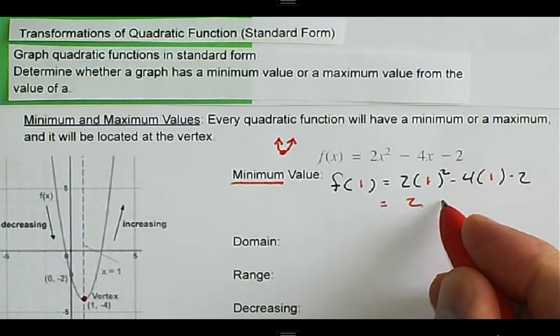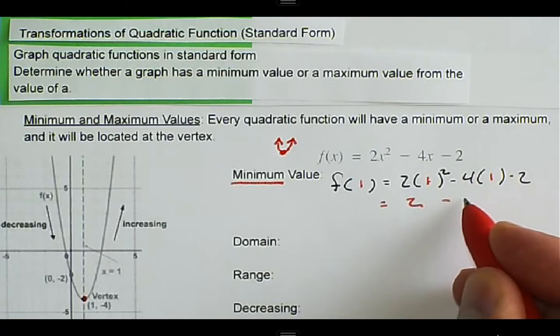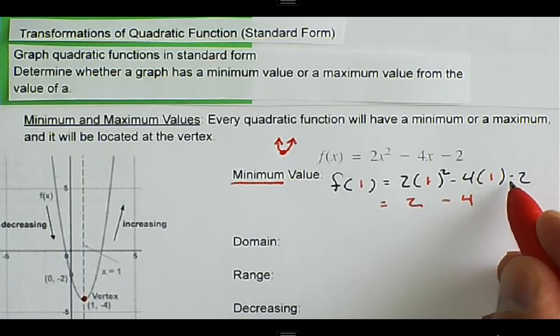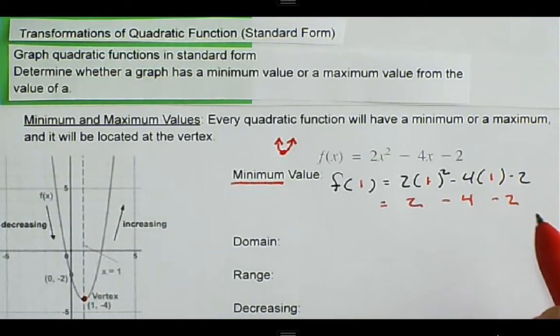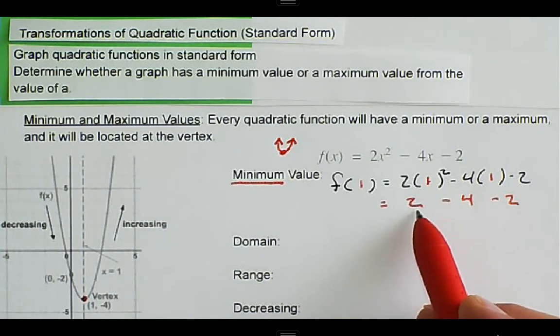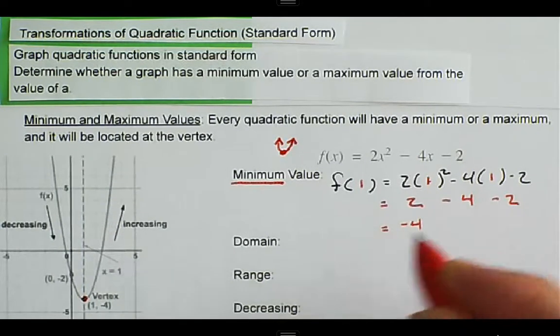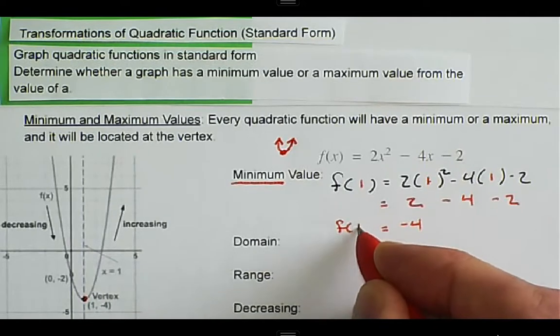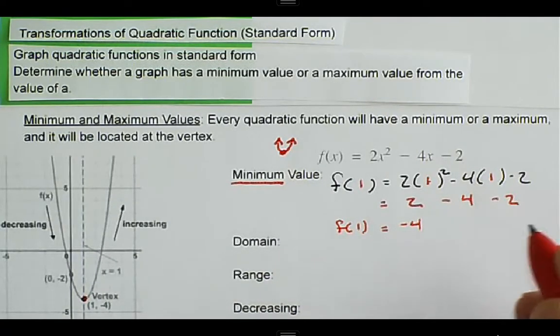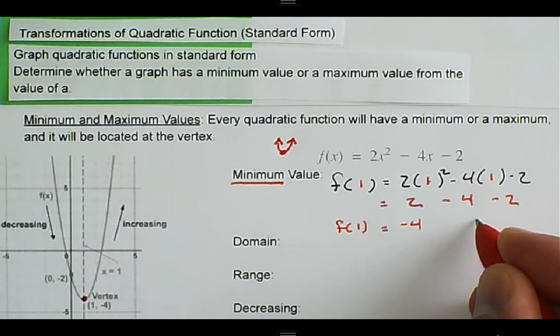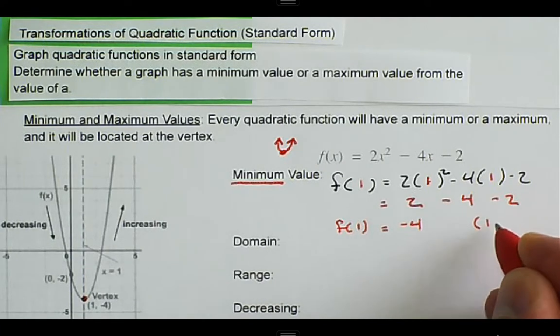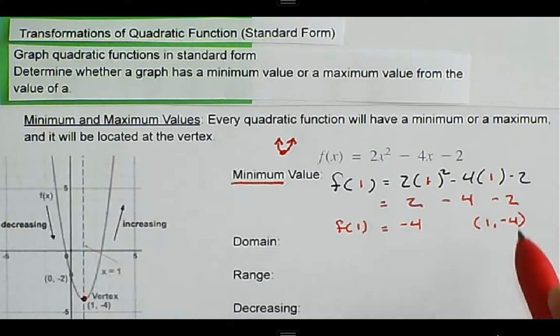That's equal to 2. Negative 4 times 1 is negative 4. And minus 2. So 2 minus 4 minus 2, that is equal to negative 4. So the function evaluated at 1 is equal to negative 4. In other words, the vertex is 1 comma negative 4. And that is a minimum value because it's down there at the bottom. And so we have it graphed already.